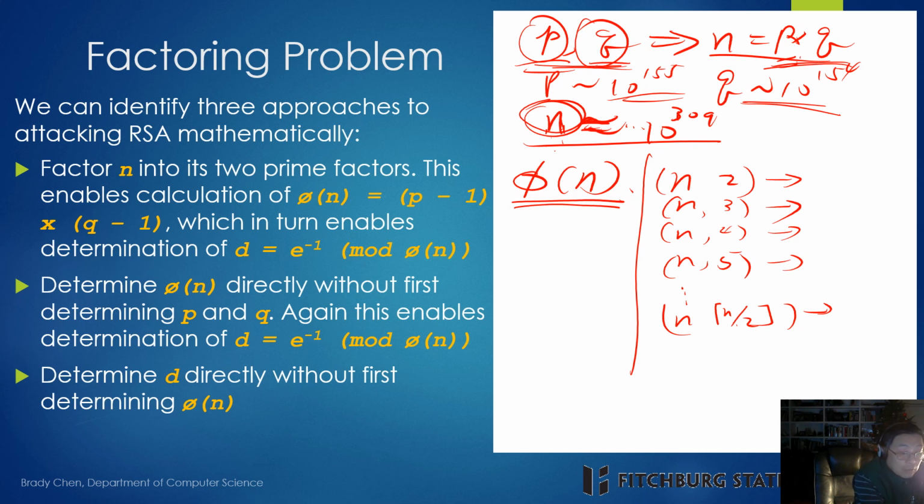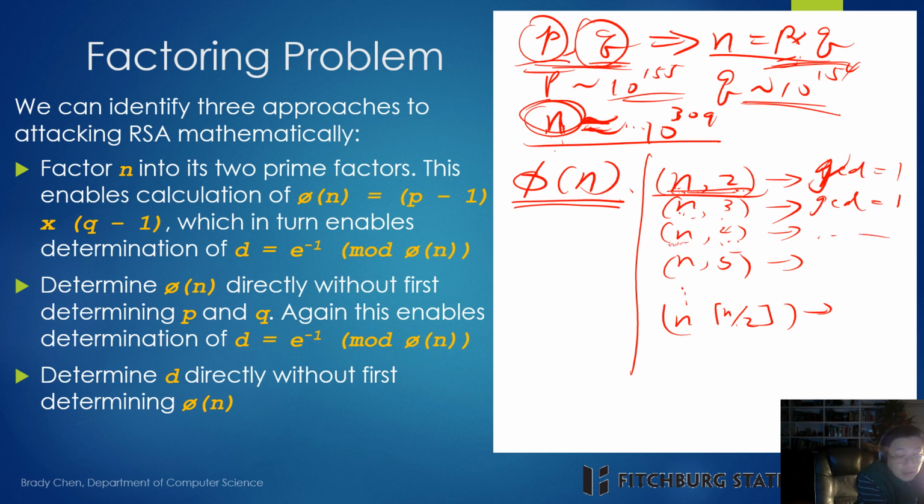So you have to find the greatest common divisor between n and 2. That's once. If the greatest common divisor is 1, that means n and 2 are relatively prime. Of course they are relatively prime because n is an odd number. Then you figure out whether n and 3 are relatively prime, so you calculate the GCD of n and 3, and if it's 1, then you check n and 4.